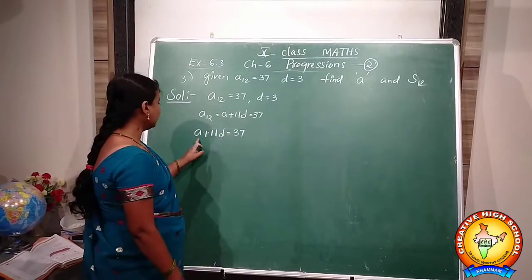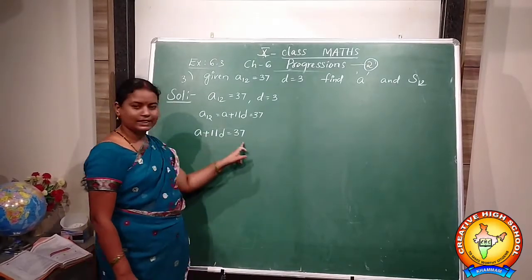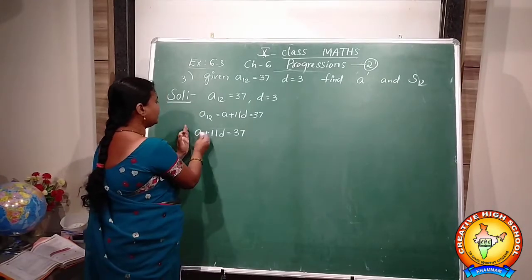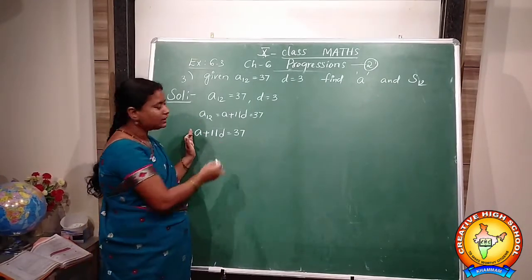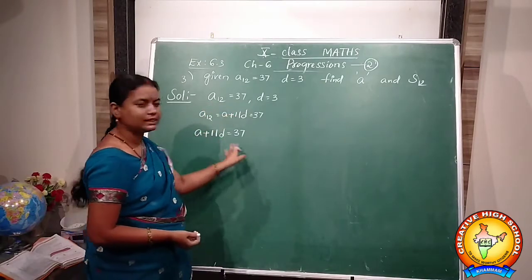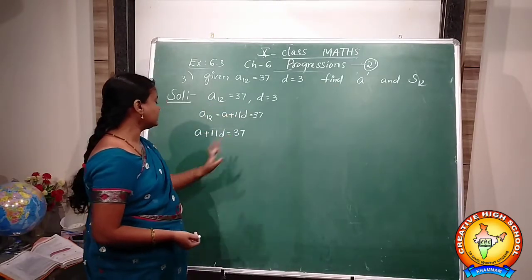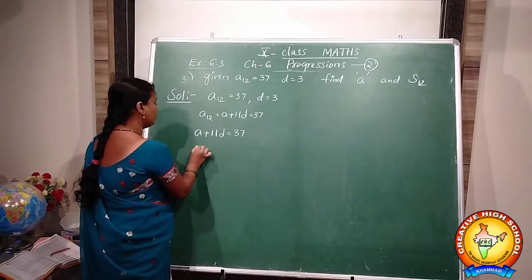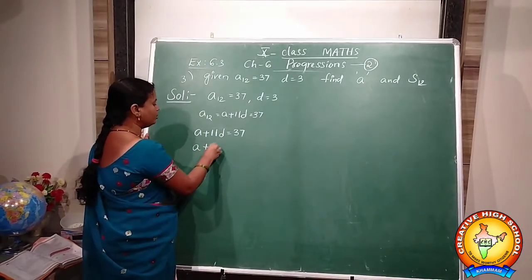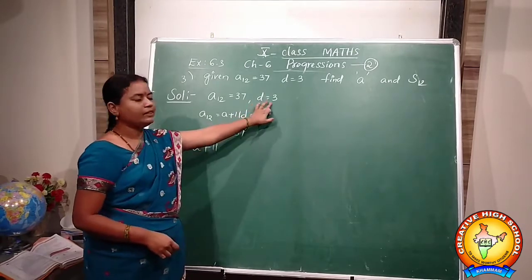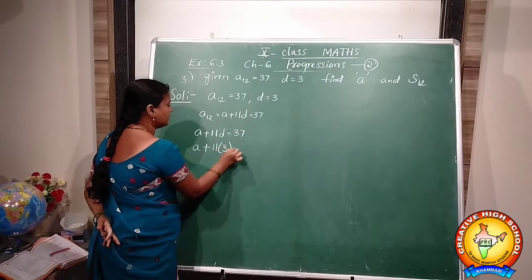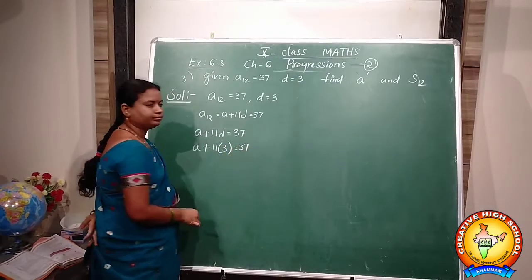So a plus 11d is equal to 37. We don't know the a value, plus 11 into the d value. The d value is given in the question itself, that is 3, is equal to 37.